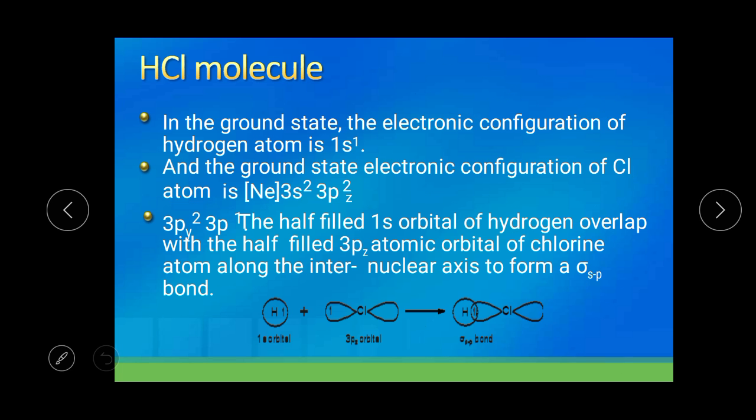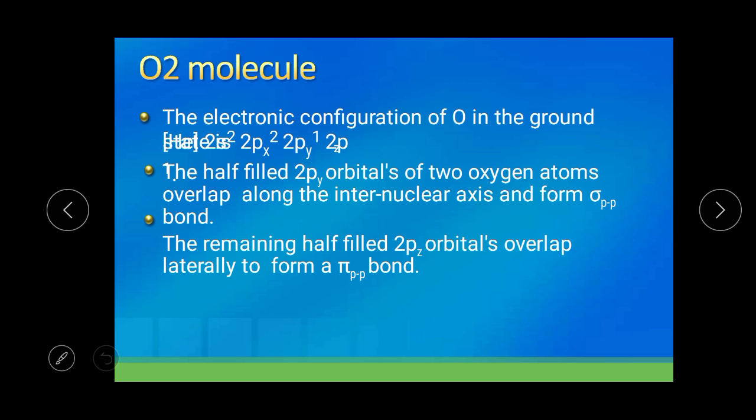In the HCl molecule, the 1s orbital of hydrogen and the 3pz orbital of chlorine combine to form a sigma s-p bond. Then the O2 molecule: oxygen has 6 valence electrons, 2s2, 2px2, 2py1, 2pz1.